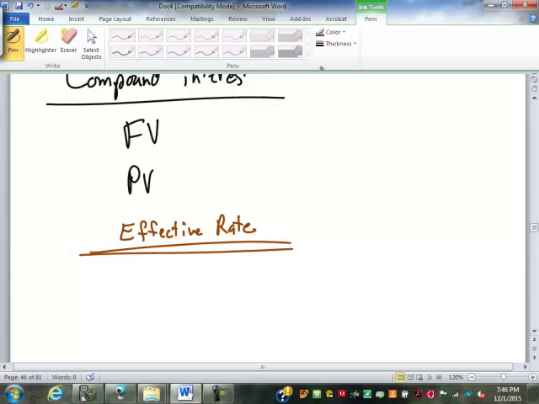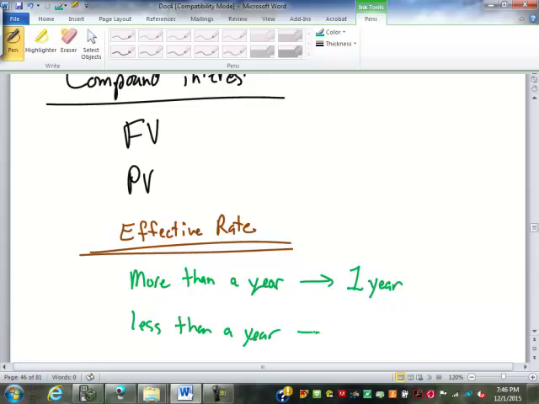A couple of things to note on effective rate is the term. If the term is more than a year, what do you use to find the effective rate? 1 year. If the term is less than a year, what do you use to find the effective rate? The actual term.